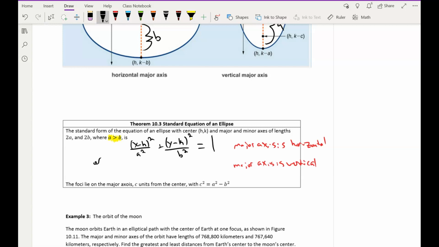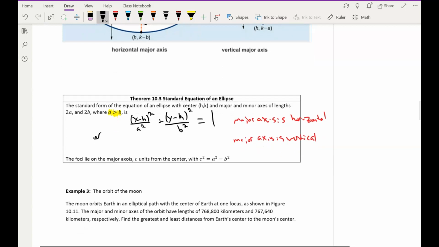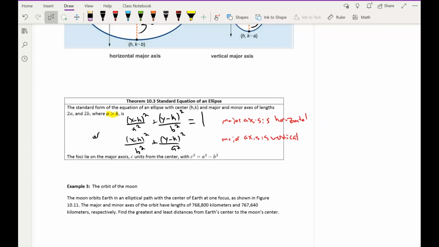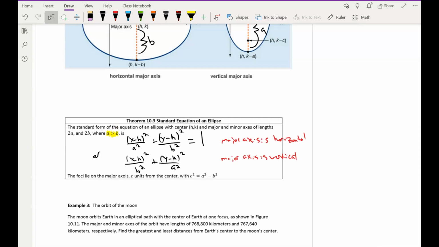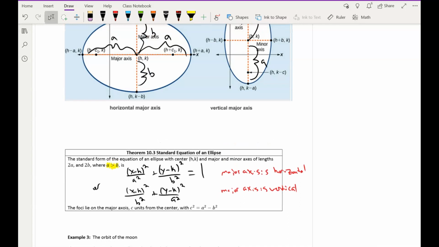So if the major axis is vertical, the a value is going to be underneath the (y - k) term. So we're going to have (x - h) squared over b squared plus (y - k) squared over a squared. When you're working with an ellipse, if this helps you, whether it's a horizontal or vertical major axis, just keep in mind that the a value goes under the x term if it's horizontal, and under the y term if it's vertical.